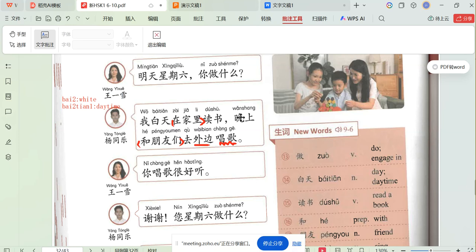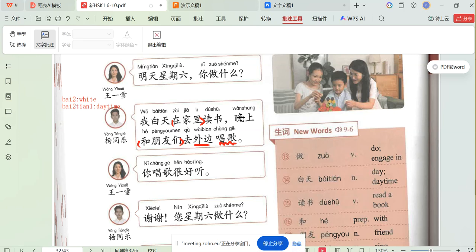So let's review again. Last time we drew a picture together, right? Do you remember? This is the horizon. The sun rises, and this is early morning. How do I say early morning? 早上.